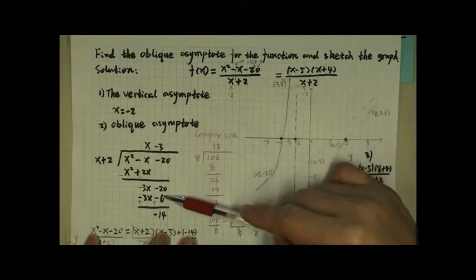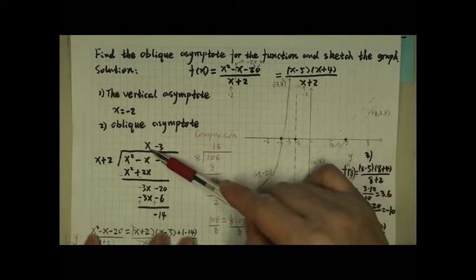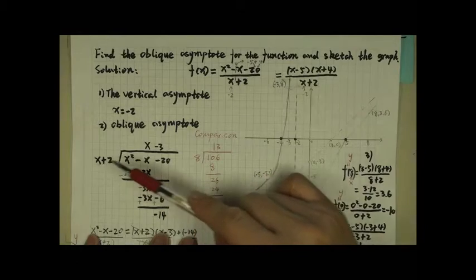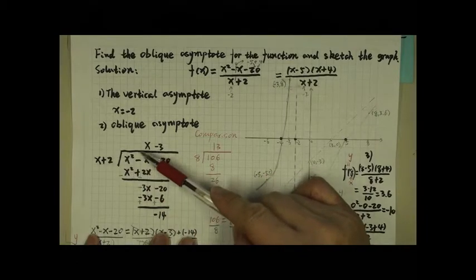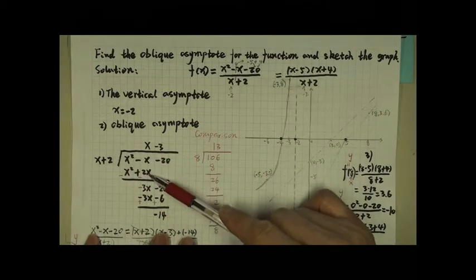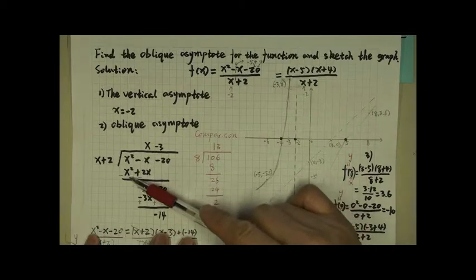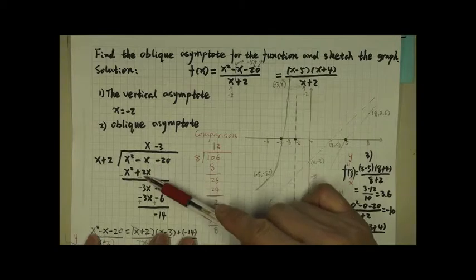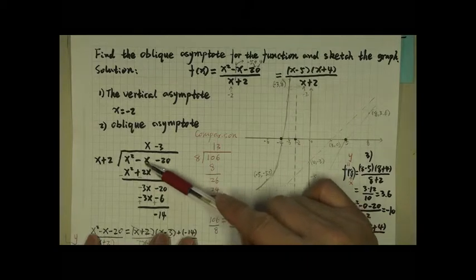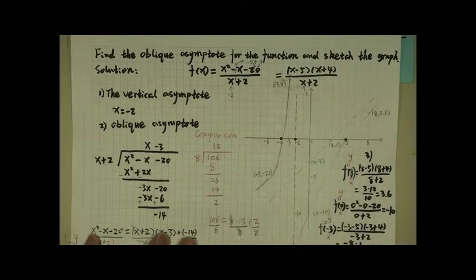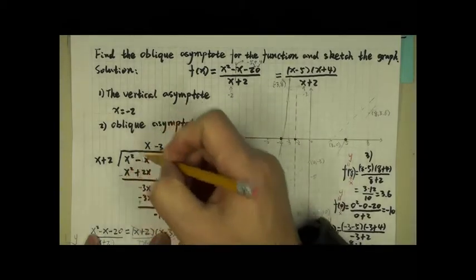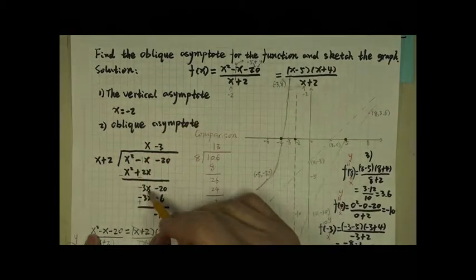Okay, details are here. You put x times x, x squared, x times 2, 2x. Top one minus the one below, negative cancel, negative 2x, negative 1x, together negative 3x.